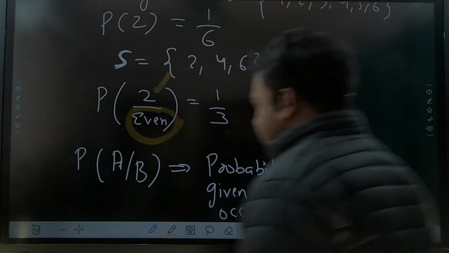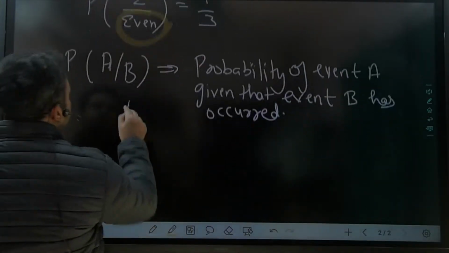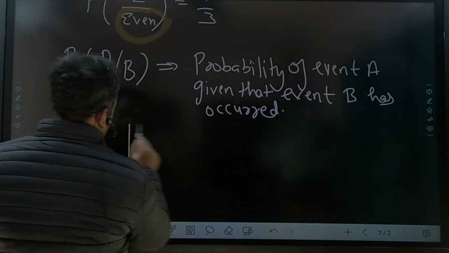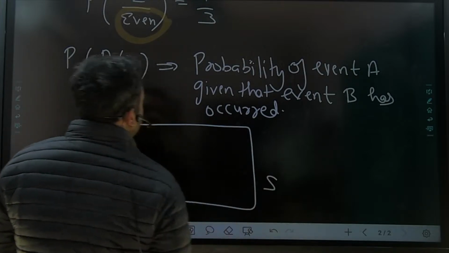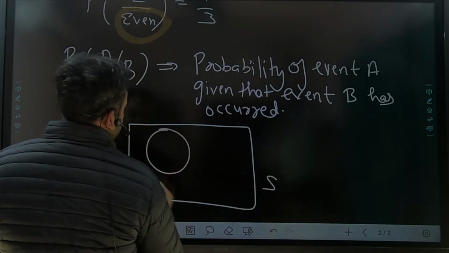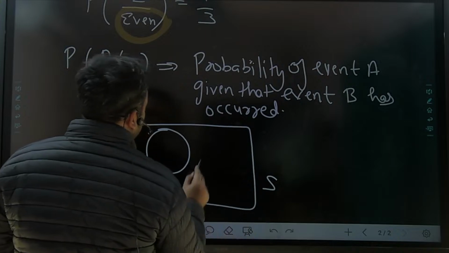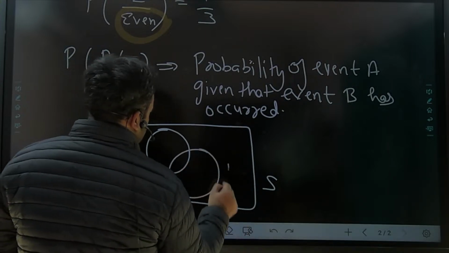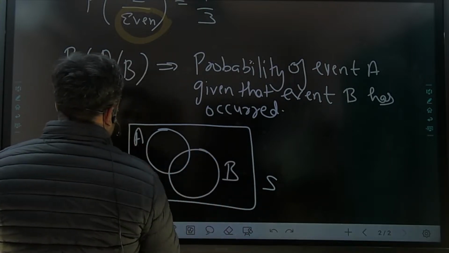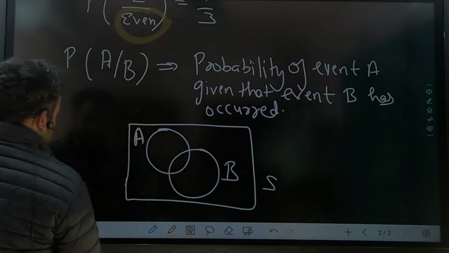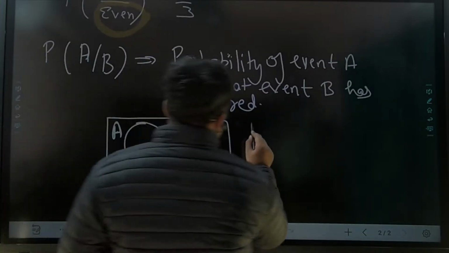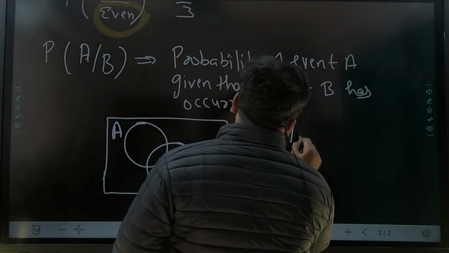If we see it from a Venn diagram, more clarity will come. Suppose this is my total sample space, and there are two events here, event A and event B. This is B, this is A. Now I want to calculate the probability of event A when B has occurred.